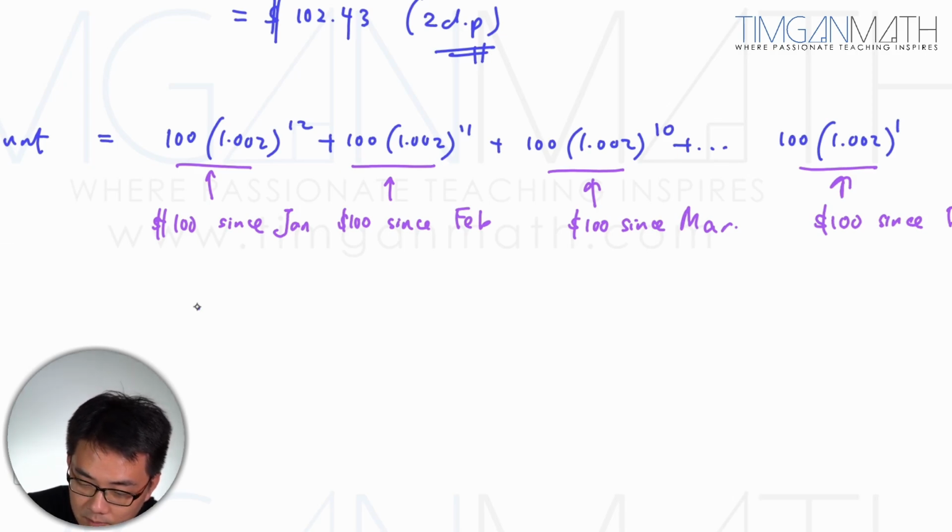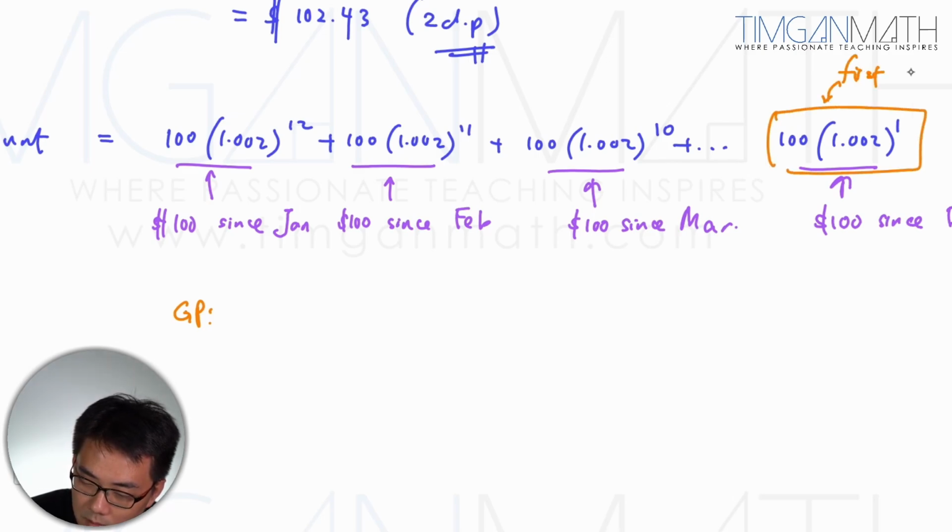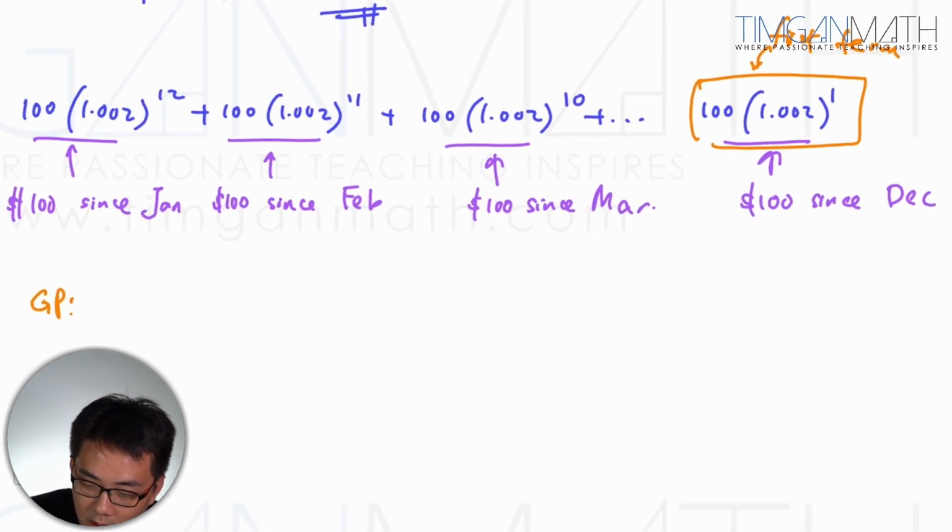So okay, I could just write this down. This GP, this is the first term here. So I'm going to write this as the first term. And after which every R here, this is multiplied by 1.002. So multiply by 1.002.